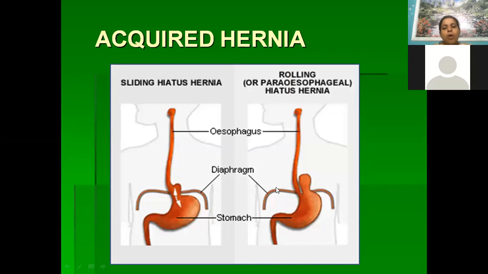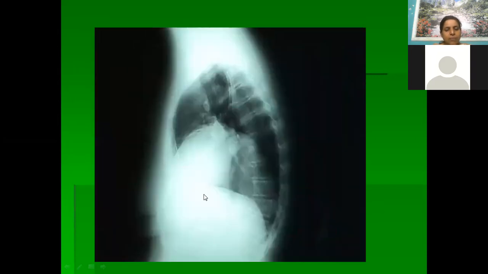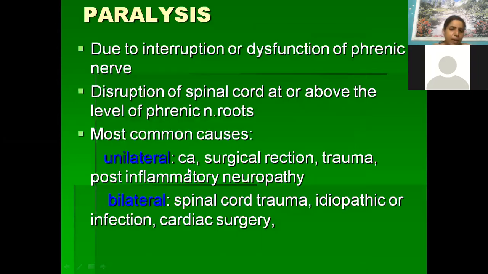If a small opening is there and a part of the stomach is protruding into the thorax, then you call it a hiatus hernia: a part of the stomach protruding into the thoracic cage due to a big esophageal opening. Eventration is when you see intestinal parts all herniating into the thorax.